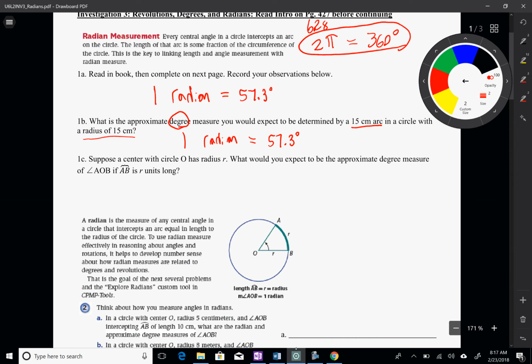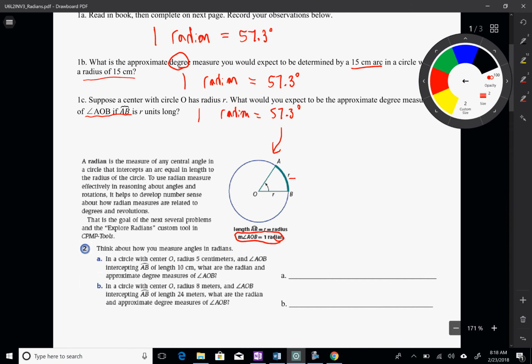What would you expect the degree measure of angle AOB, a central angle, to be if arc AB is r units long? Again, that's 1 radian, which is 57.3 degrees. You can see 1c expressed in this picture here. The arc is a radius long, so the angle is 1 radian. The measure of angle AOB is 1 radian.